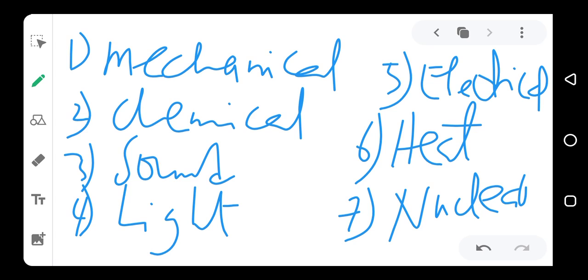Other forms of electromagnetic energy are infrared energy and solar energy. All of them fall under electromagnetic energy. So this light energy is a kind of radiation. Radiation is emitted from some substances.